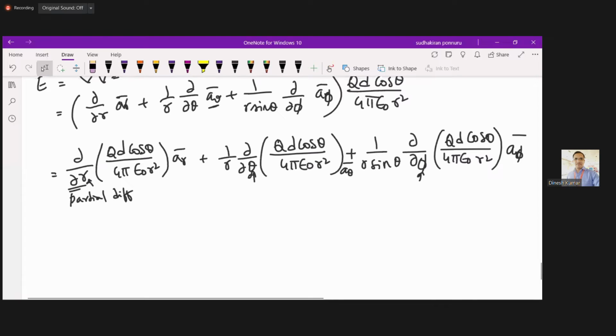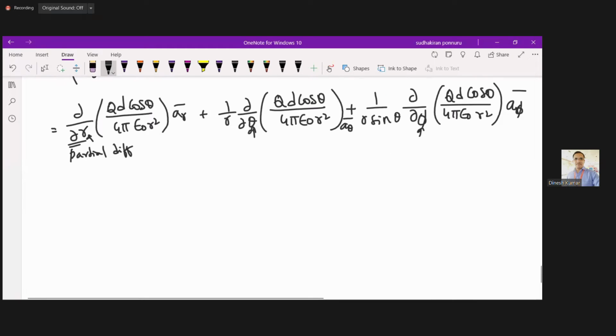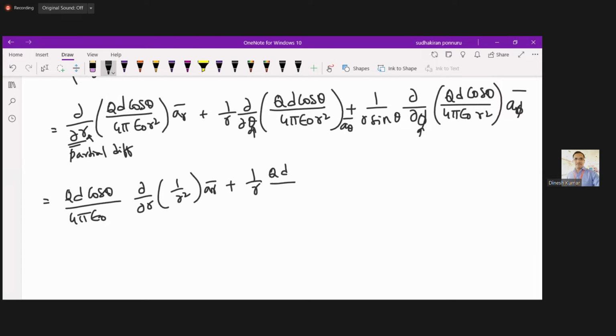Here the variable is r, so we differentiate only the r term; the remaining terms become constant. Taking Qd cos theta divided by 4 pi epsilon naught outside of the differentials, next we do dou by dou r of 1 by r square a r bar, plus 1 by r. Here with respect to theta, Qd is constant and 4 pi epsilon naught r square is also constant, so we differentiate only the theta terms, dou by dou theta of cos theta into a theta bar.